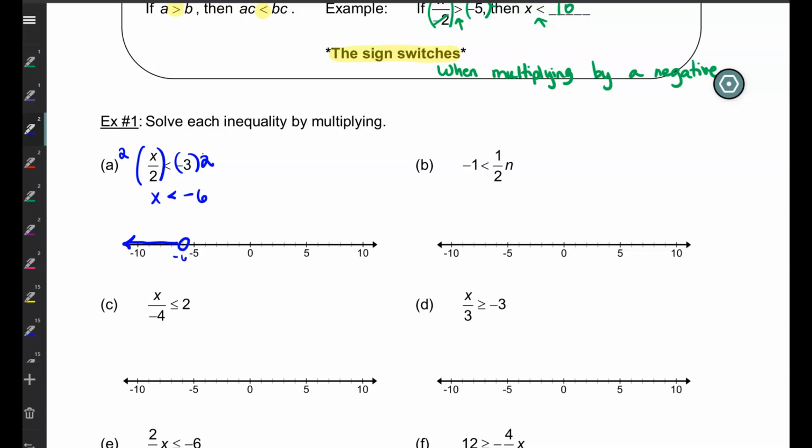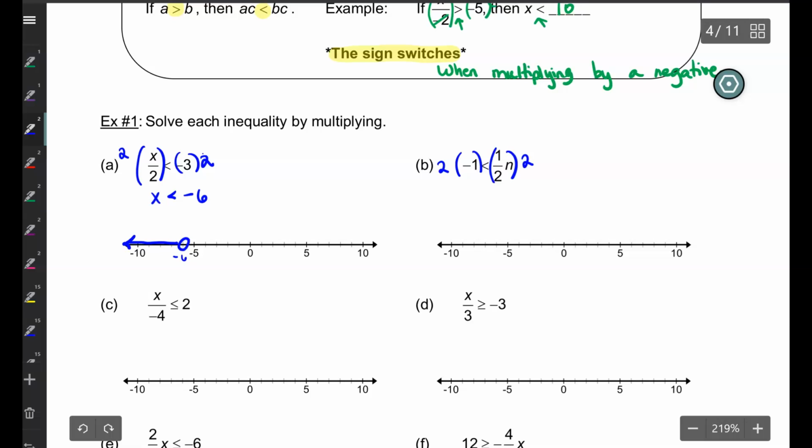All right, for b, again, we want to isolate the variable, so we want to get rid of that 1/2. When we have fractions, I like to multiply by the reciprocal, so that means I'm going to multiply both sides by 2 over 1, or just multiply by 2. That will cancel the 1/2. We multiplied both sides by a positive number, so that sign stays. 2 times -1 is -2.